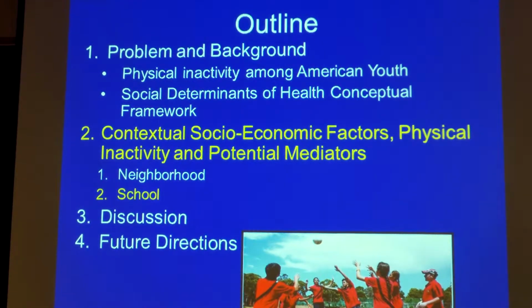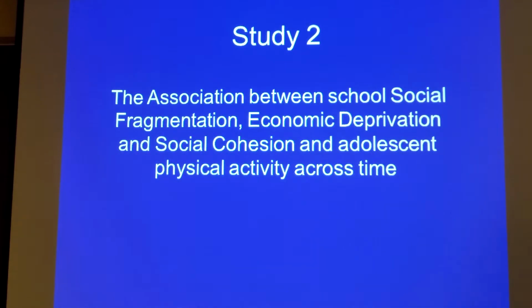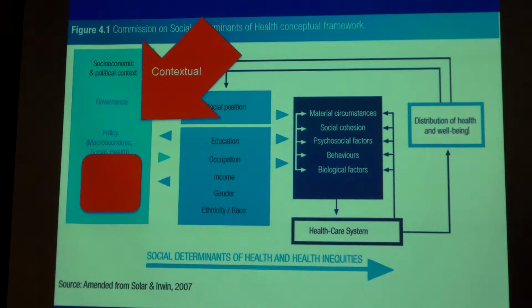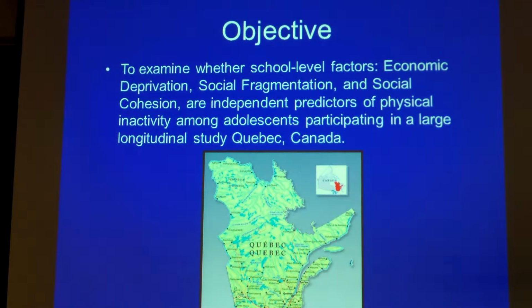So for the next study, I'm going to look at social characteristics at the school level. I just want to remind you that in the social determinants of health framework model, schools are further down the path. The objective is to examine whether school level factors, so economic deprivation, social cohesion, and social fragmentation, are independent predictors of physical inactivity among adolescents participating in a large longitudinal study in Quebec.